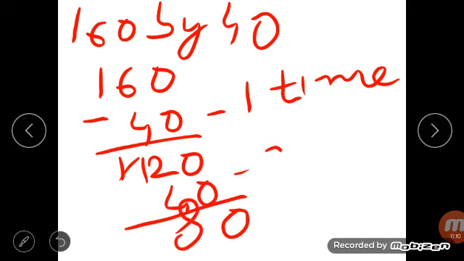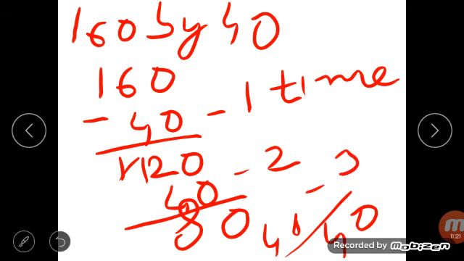This is the second time. Now again subtract. 80 minus 40, 40. Okay, this is the third time. Now 40 minus 40, this is the fourth time and you will get 0.